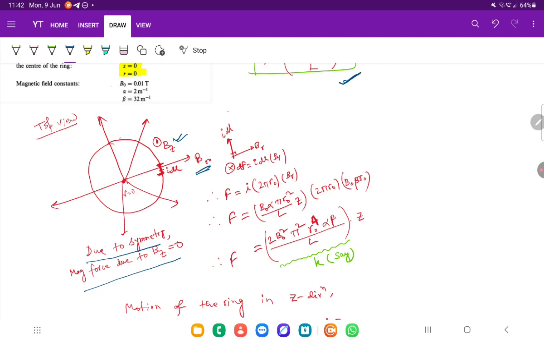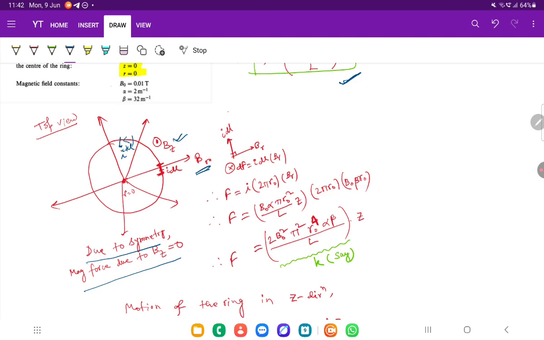How? If you take a small element, the force is I dl cross Bz. For all the points and all the current elements on this ring, the Bz value will remain the same, because it is a horizontal ring and Bz varies only as a function of z. In fact, Br is also constant in magnitude. We'll come to the Br portion later.